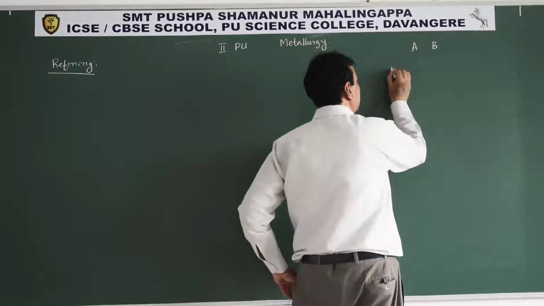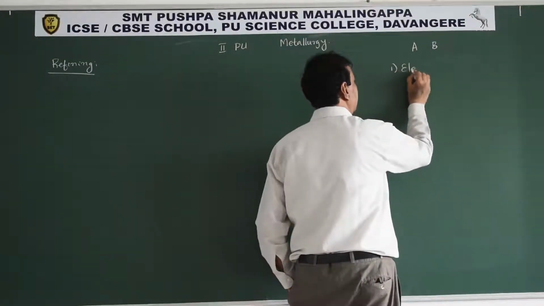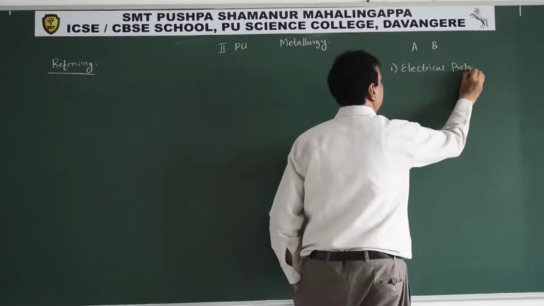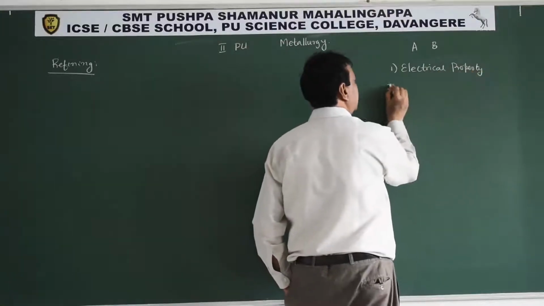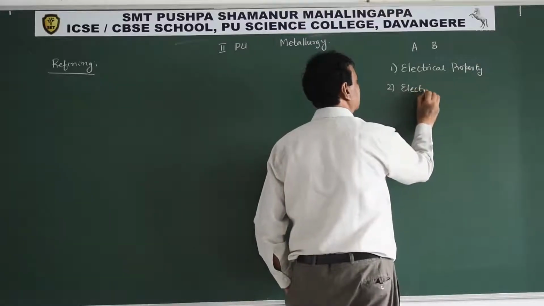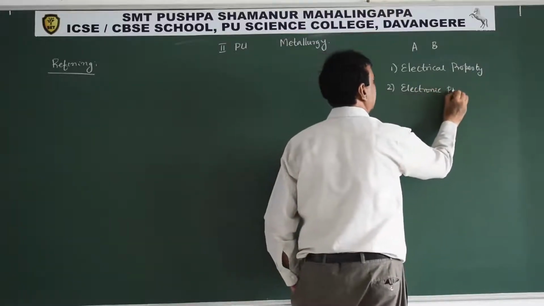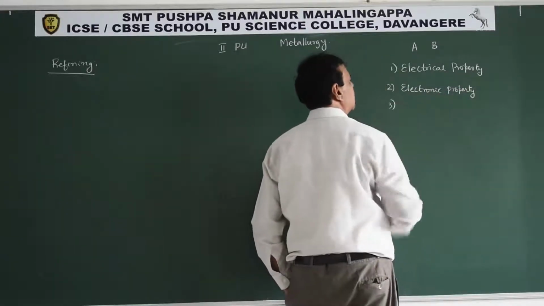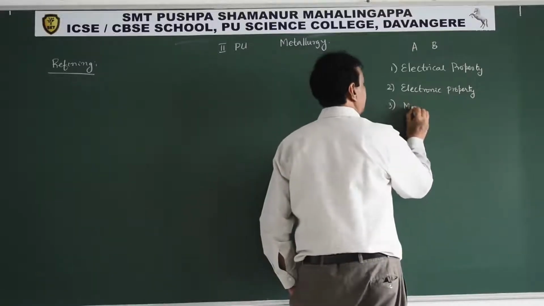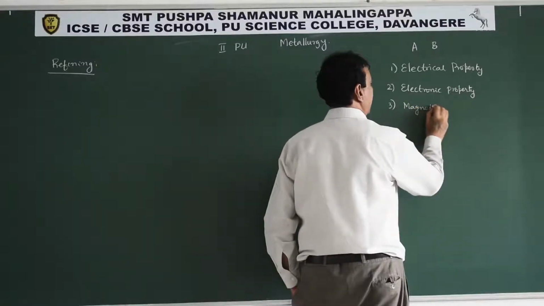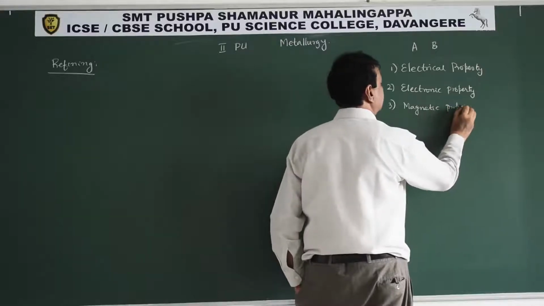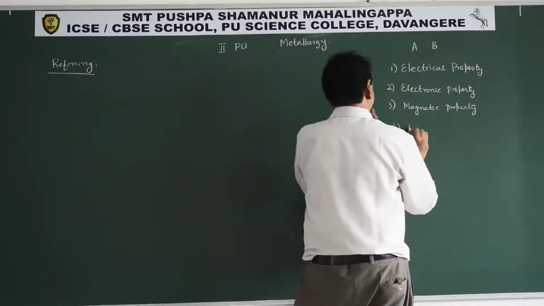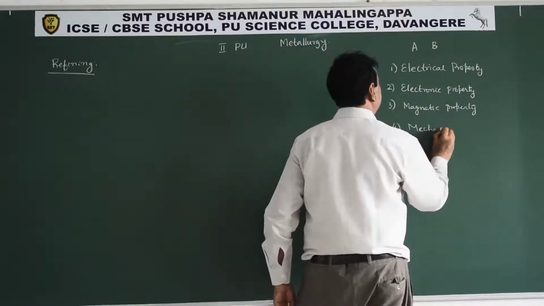Important properties of metals like gold are the electrical property, electronic property, magnetic property, and mechanical property.